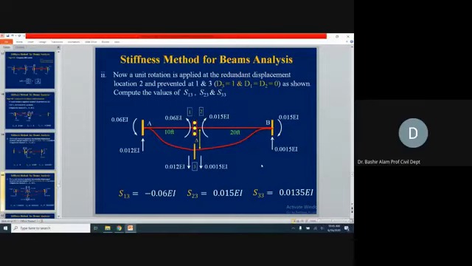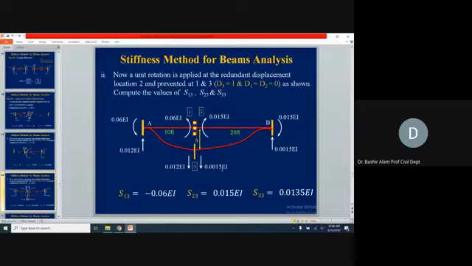How do we pick the values of this third column of the stiffness coefficient matrix, S13, S23, and S33? S13 corresponds to D1. So it is minus 0.06 EI. Why? Because it is counterclockwise, while our assumed D1 direction was clockwise, so here we record it. S23 is clockwise 0.015, so 0.015.